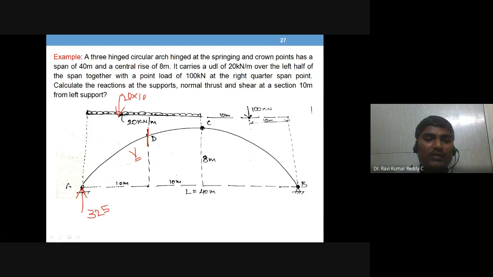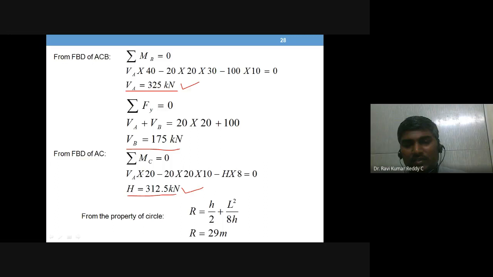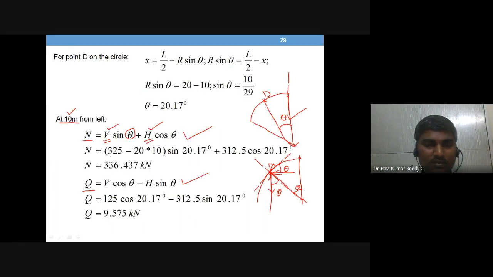So the sum of all vertical forces to the left of the section means 325 upward load minus 20 into 10, 200 downward. That is what is written here. You can see 325 minus 20 into 10, that is 200. So 325 minus 200, which gives you 125, V value.